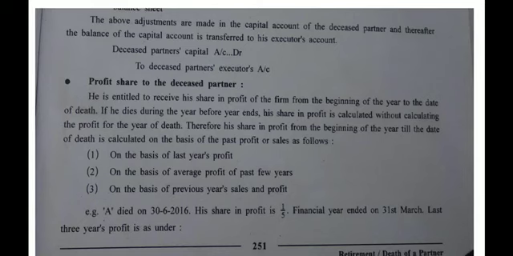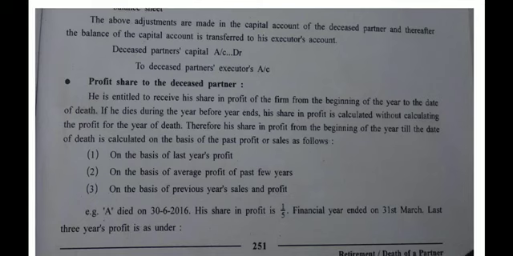So the theory concepts that we have understood till now, the effects for the same are to be given in the capital account of the deceased partner. And then the amount is to be transferred to the deceased partner's executor's account and the journal entry is also given here. Journal entry is not a part of your question anywhere, but it is important to understand.